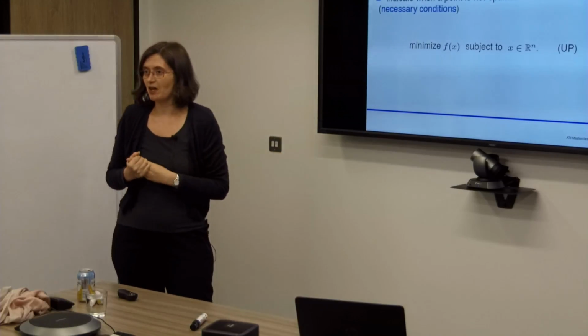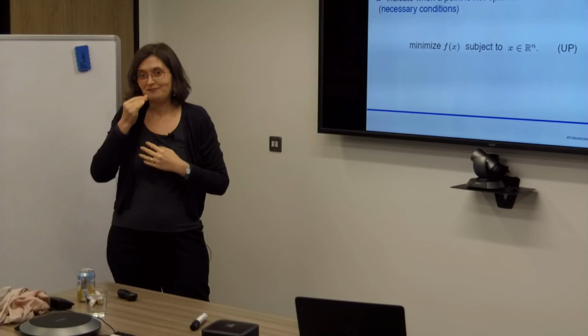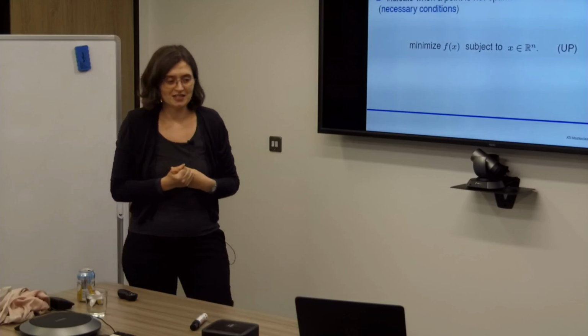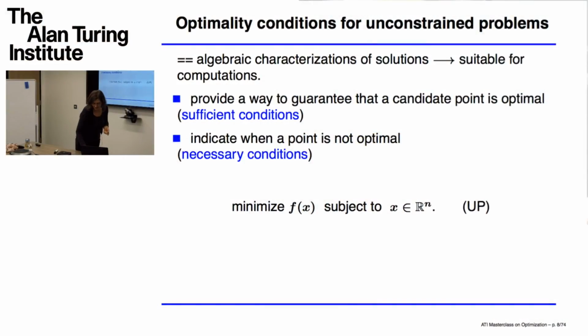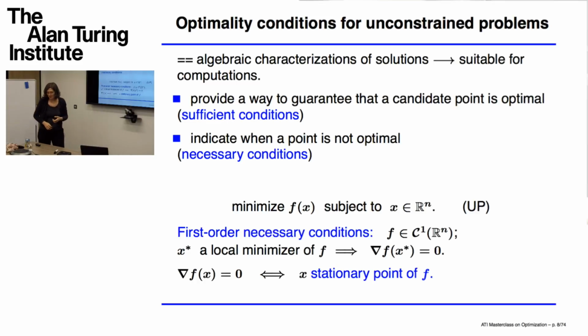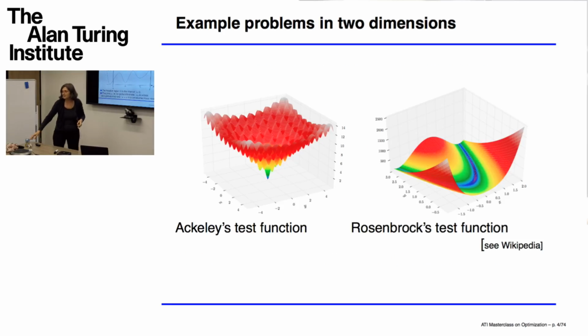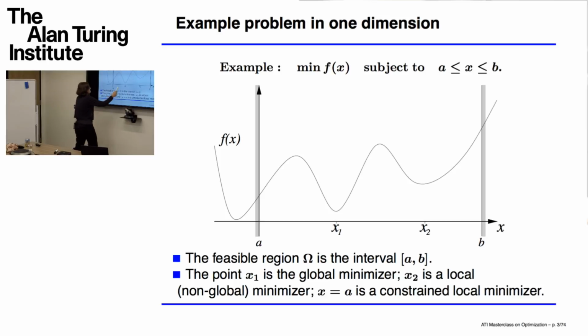But can I characterize these solutions in a way that I could use in computations? And this is where derivatives are very useful. So if you remember the previous 1D plot, a simple way to characterize this kind of points is that the first derivative there is 0.